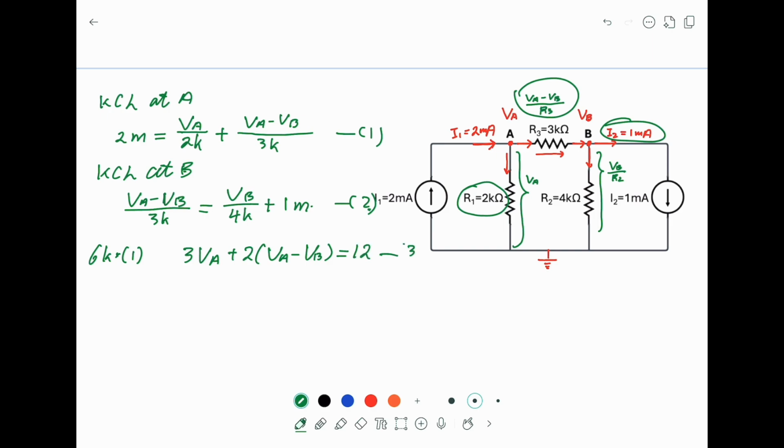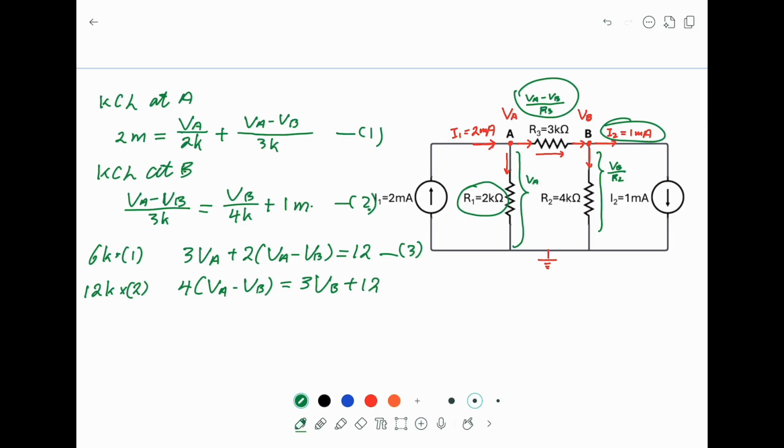This is equation 3. For equation 2, I multiply by 12K and get 4 bracket VA minus VB equal to 3VB plus 12. This is equation 4.